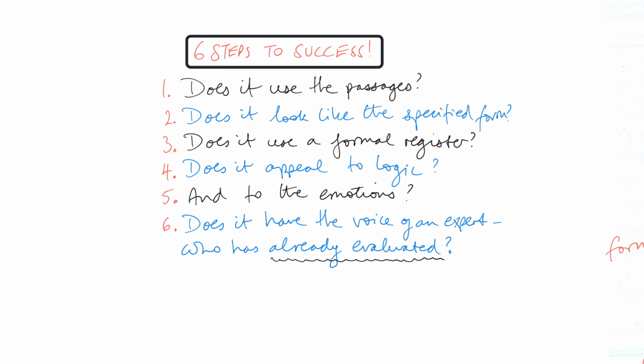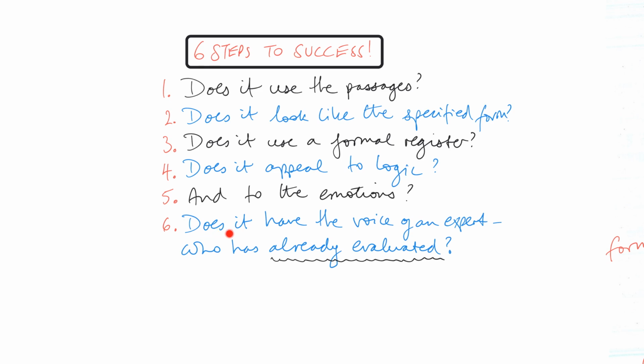And number 2, do you also appeal to the emotions, either positively or negatively? If you constantly use logic to show that your ideas make sense, and then you constantly use an appeal to the emotions to show that these ideas are wonderful, then you will always get really high marks.